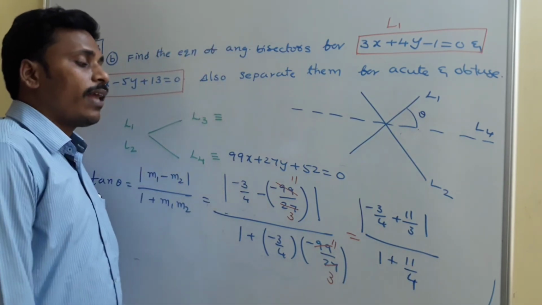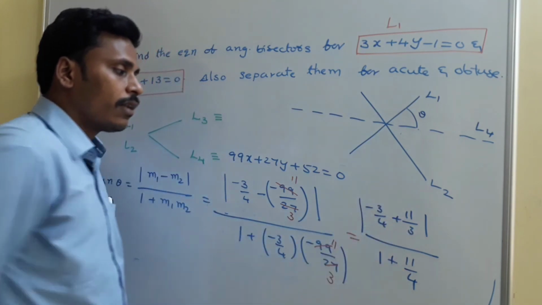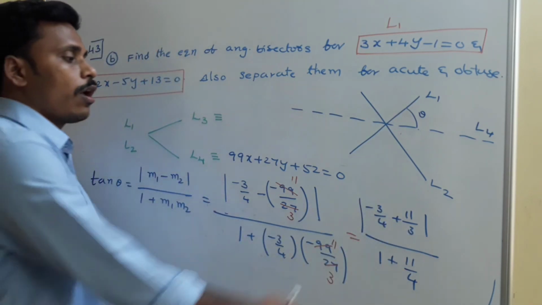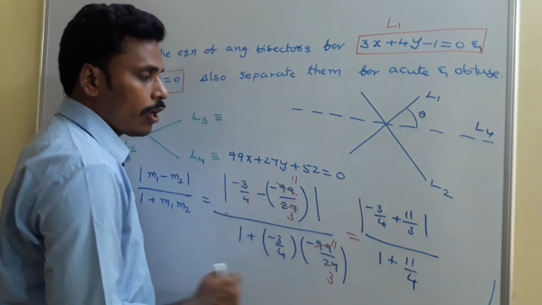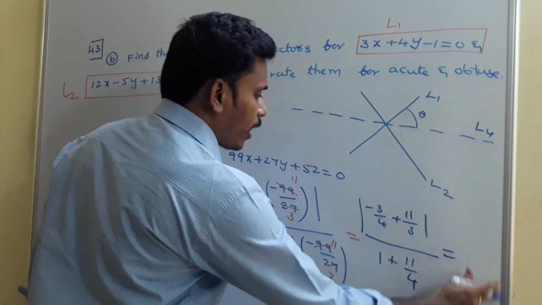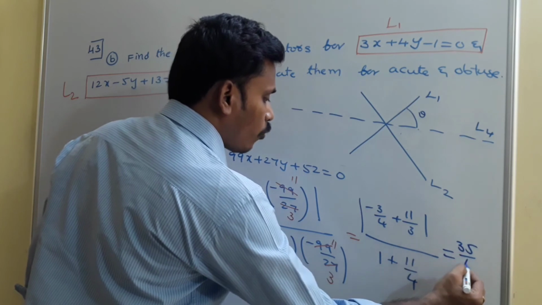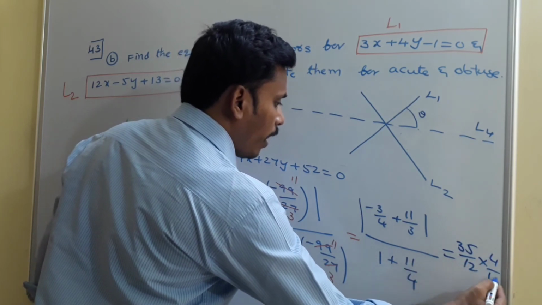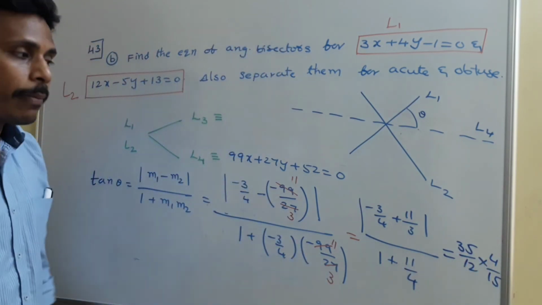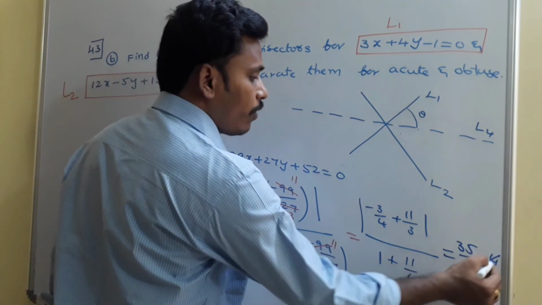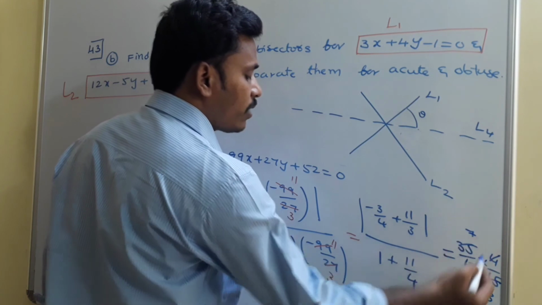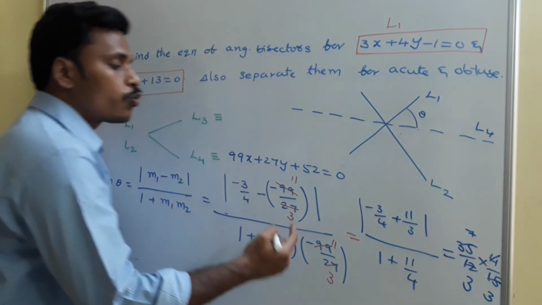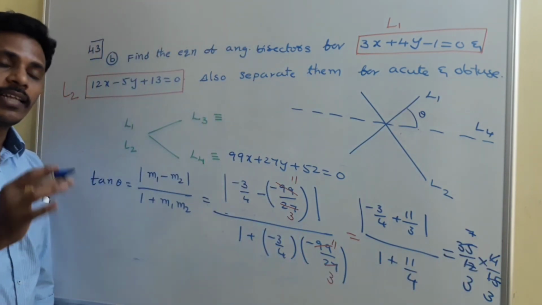If you simplify, 3 3s is 9, 11 4s is 44, and 44 minus 9 is 35. So you need to simplify: 35 by 12 into 4 by 15. How can we derive? 4 3s, and then 5 3s, 5 7s, giving 7 by 9, whose value is less than 1. That is enough for us.